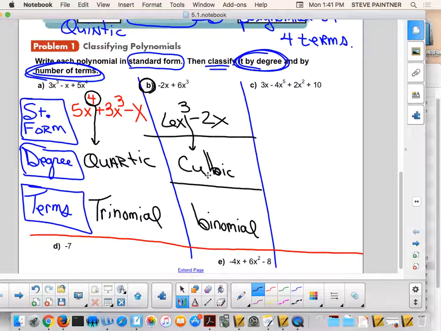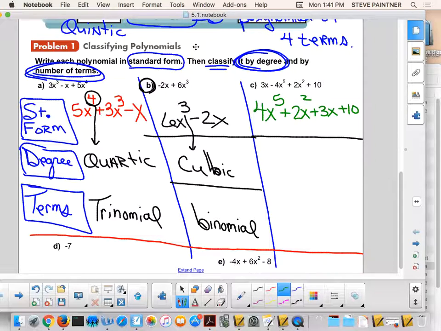Faith, can you give me this one? Negative 4x to the 5th plus 2x to the second plus 3x plus 10. Agree? Yes. If you forgot your negative, you're going to get a little bit off on the test.